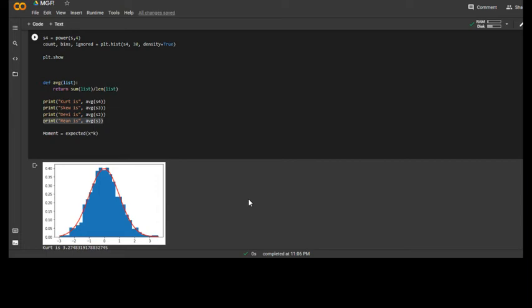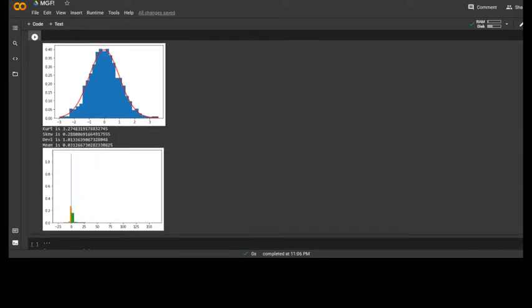So it just shows you how left or right sided the graph is. Kurtosis just shows you how tail heavy a distribution is. It doesn't tell you how center heavy something is. It just shows you how tail heavy something is.